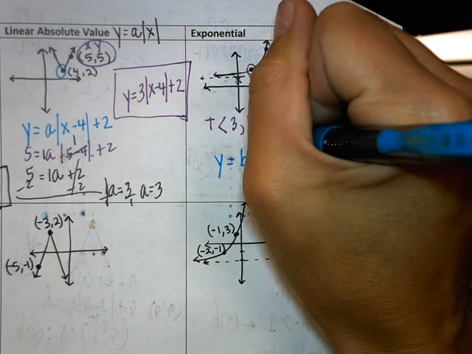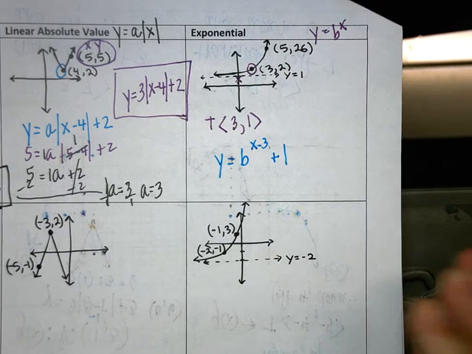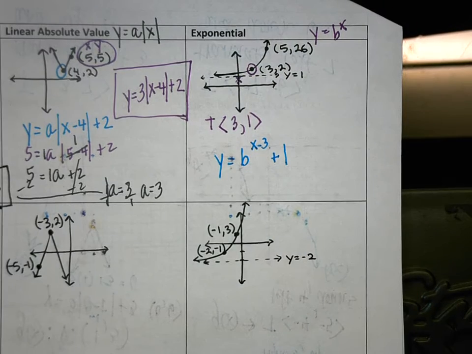Very good, minus 3. And then we would have a plus 1 here at the end. Okay, questions up to this point? What do you think I'm going to do next?